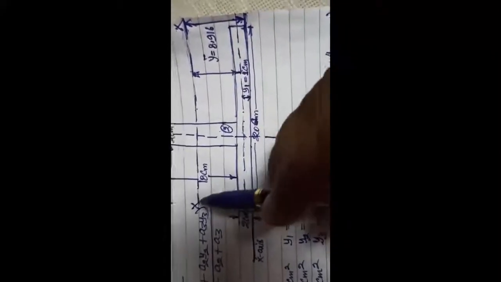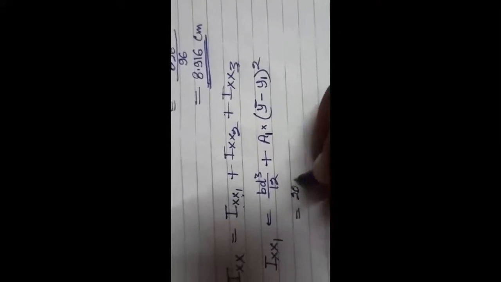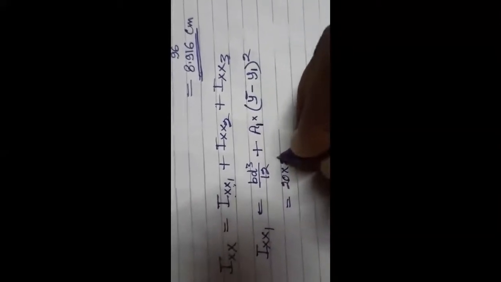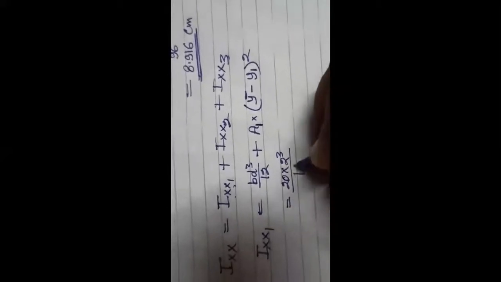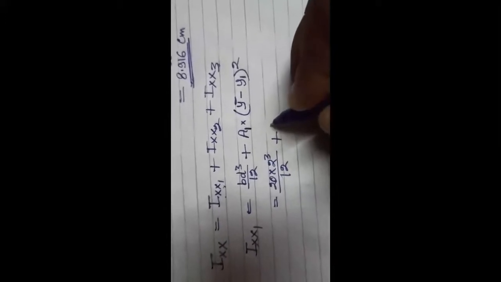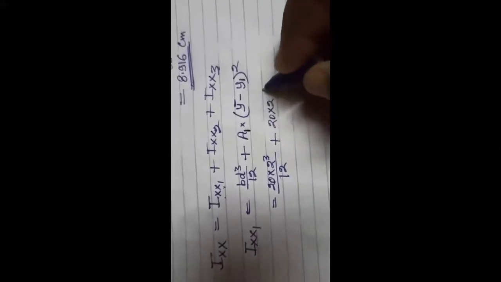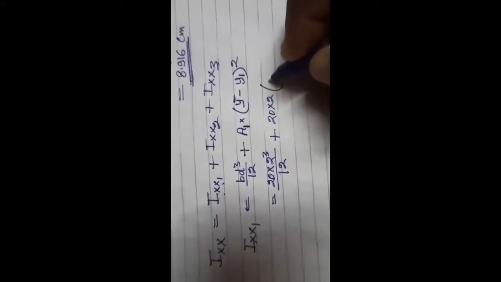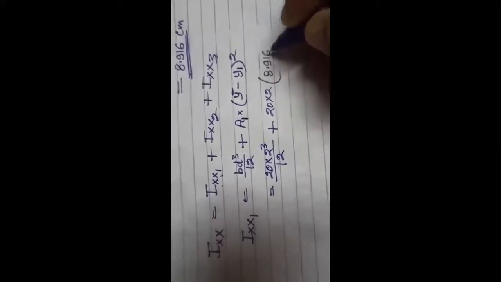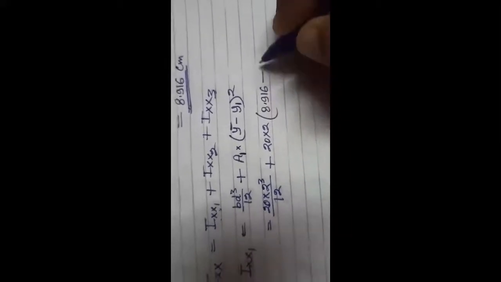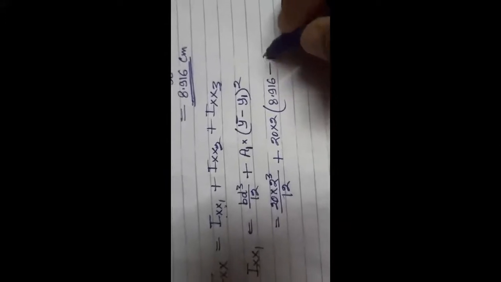So B is 20 and cube of the 2 upon 12 plus area, which is 20 into 2, and y bar is 8.916 minus y1, which is 1, whole square of this.